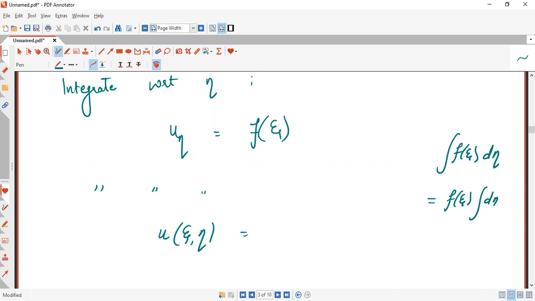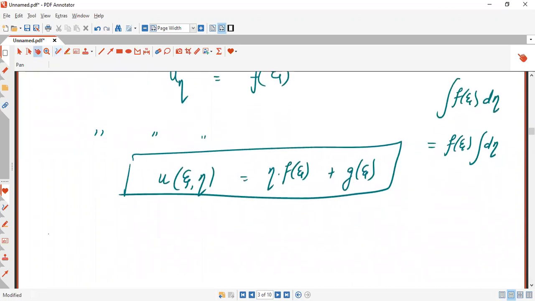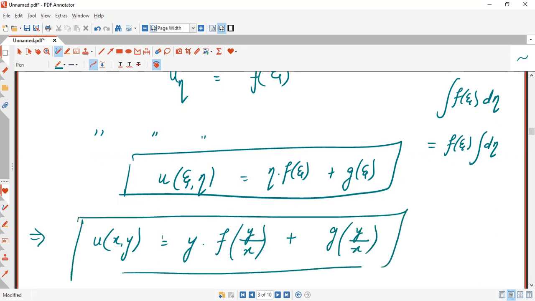So it will become η times f of ξ plus some another constant, which is again a function of ξ. So this is the basic solution we have got. And what we are going to do is put the values of ξ and η that we have. u of x, y will be η, η was y, f of ξ, ξ was y upon x, plus g of x. This is the solution that we're getting, the general solution.